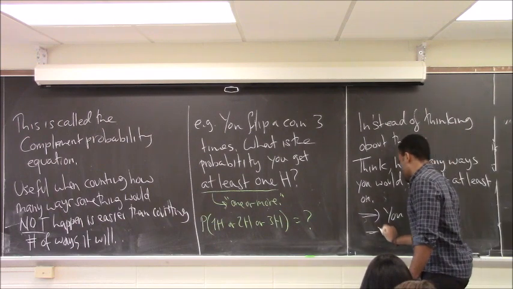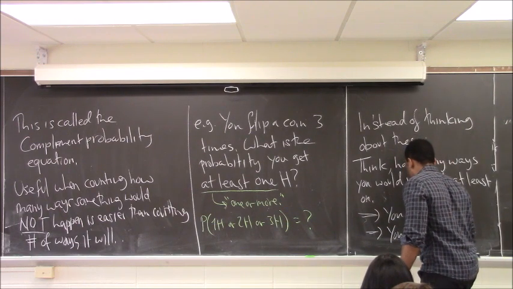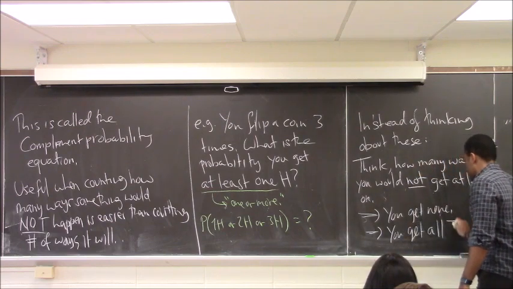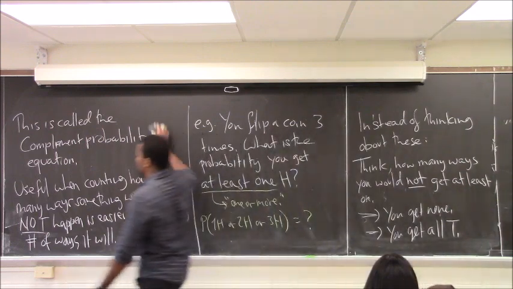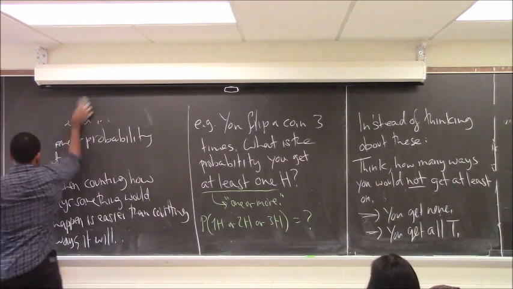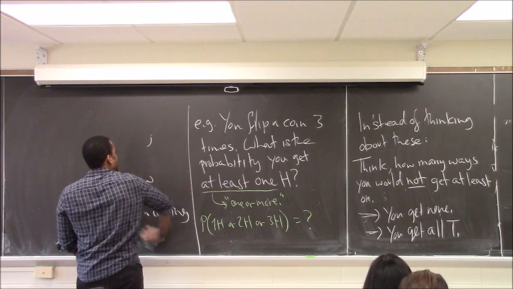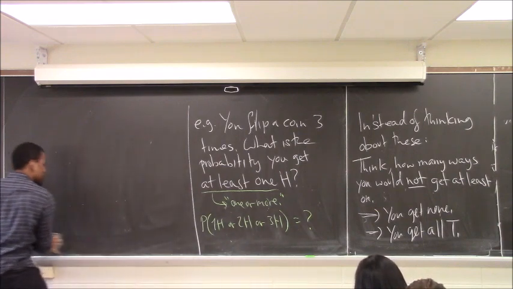That would mean you get all tails. And how many ways can you get all tails? Well, there's literally only 1 way. Every single time you flip a coin, you get tails coming up.